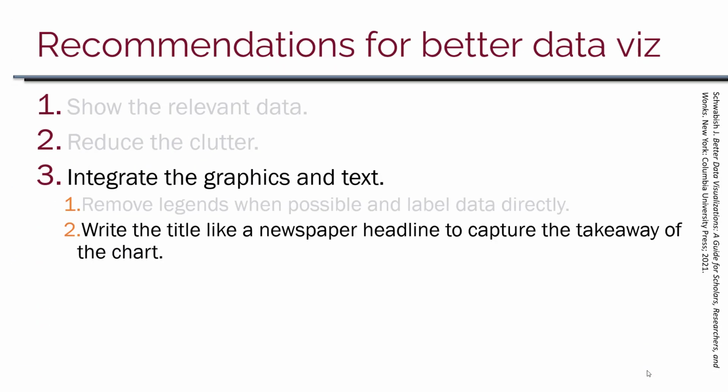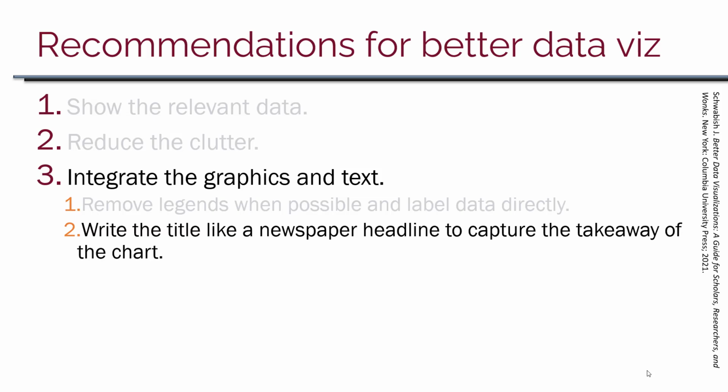The other thing you can do is write the title like a newspaper headline, right? How many times do we say "correlation between time and growth"? You don't draw a conclusion. You can actually put your conclusion in the title, so that if somebody missed your conclusion and is just trying to interpret the data, they may not miss the point.